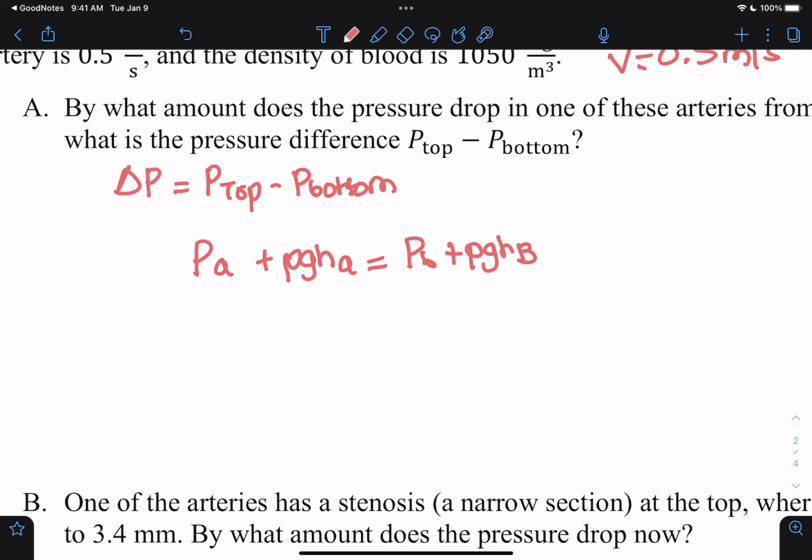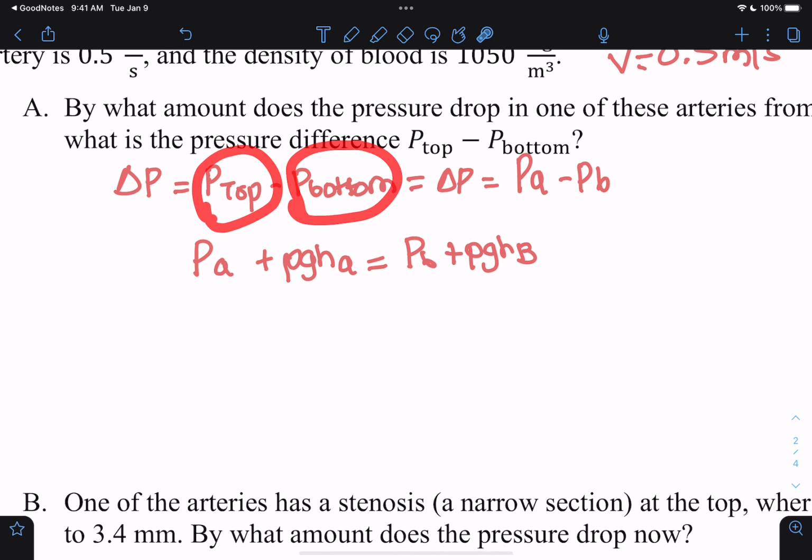If PA is top and PB is bottom, then PA minus PB will give us that delta P. Top is one pressure point, bottom is another, and when we find the difference between them, delta P, it's PA minus PB. So that's that part of the hydrostatic pressure equation.